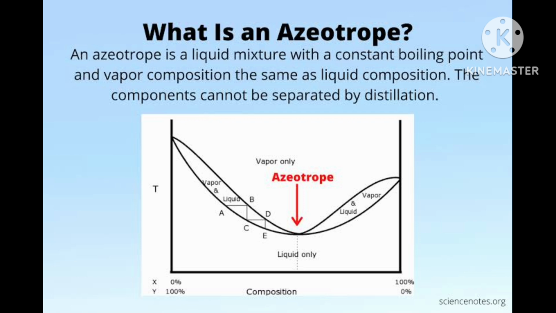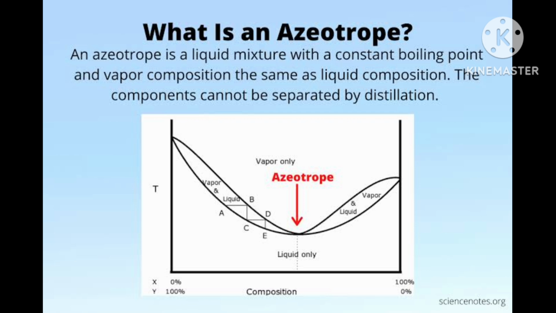But if AB interaction is strong, then A and B will not be free, and vapor pressure will be less. That is called negative deviation.